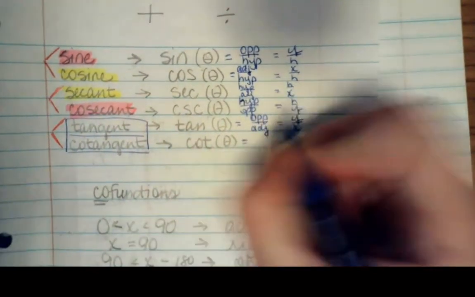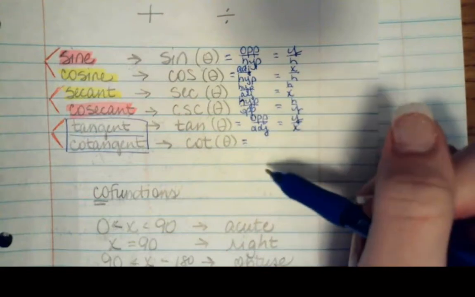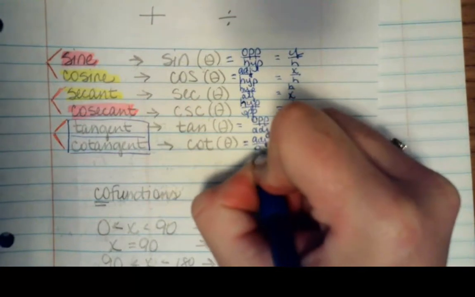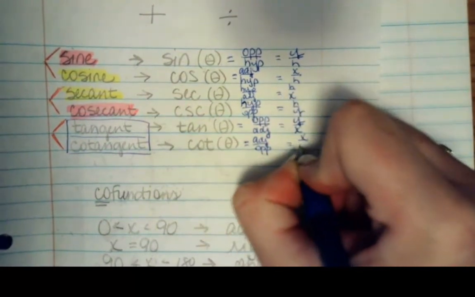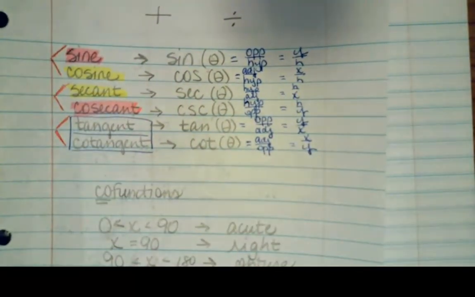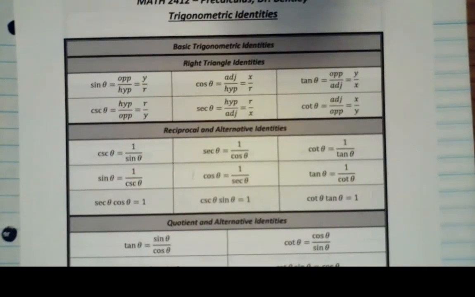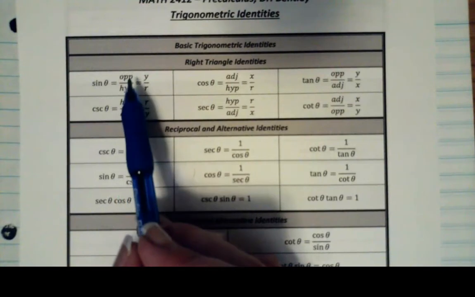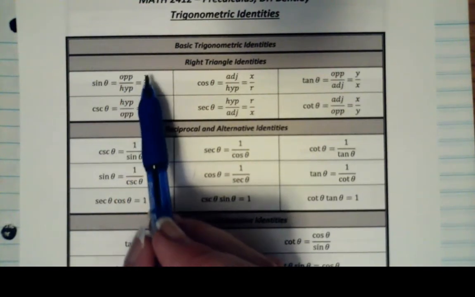Okay, so what I have is if tangent is opposite over adjacent, then cotangent is going to be the reciprocal. So that's going to be adjacent over opposite, which is going to be x over y. Okay, now notice on your handy dandy paper that I typed up for you. You've got sine is opposite over hypotenuse, which is y over r.